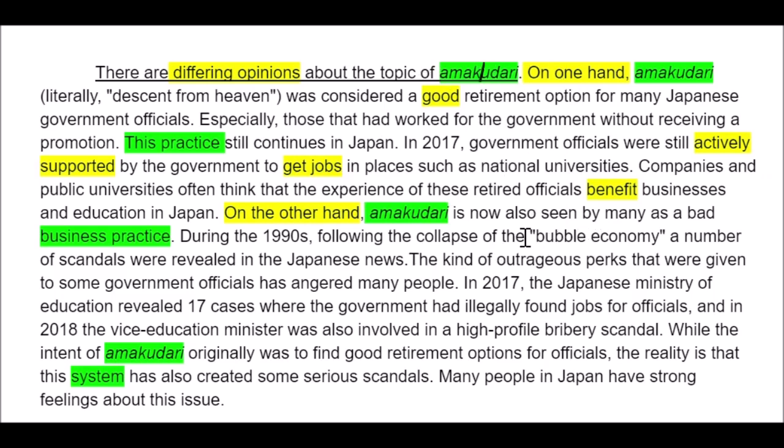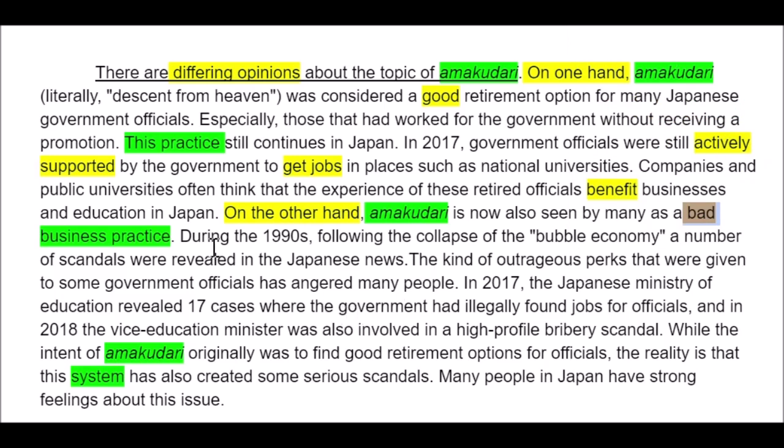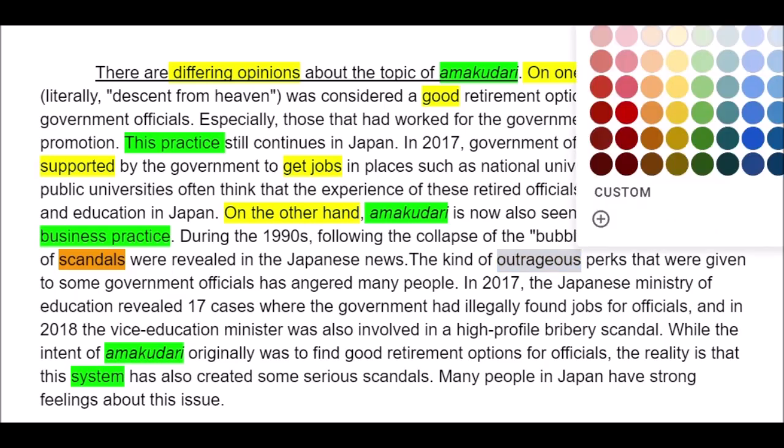And then in the second half, we have, on the other hand, Amakodari is now seen by many as a bad. So we have a different opinion here, a bad business practice. And words that are quite negative, we'll just highlight: scandals, outrageous perks.